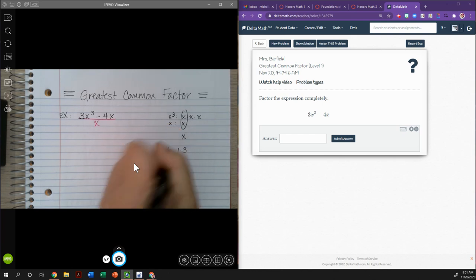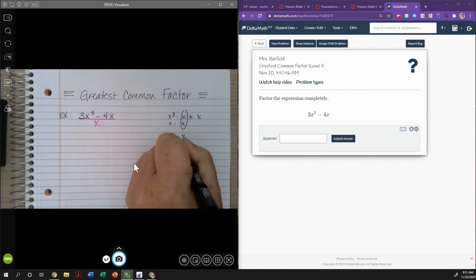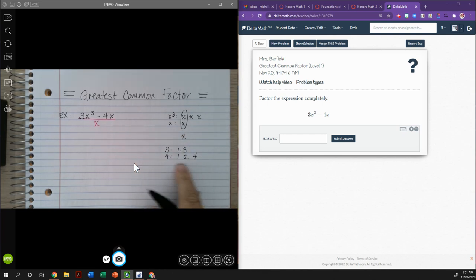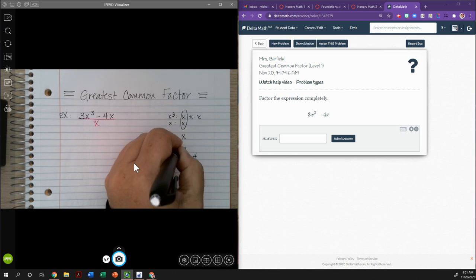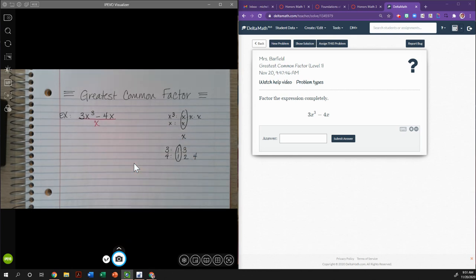If I take 4, I can use 1, 2, or 4 to divide 4. Well, they only have 1 in common. They do not have a greatest common factor because we don't consider 1 to be a common factor in this case. All right, so I'm going to divide by x.